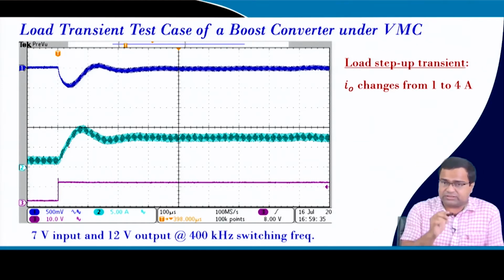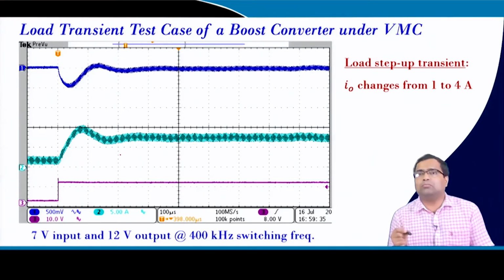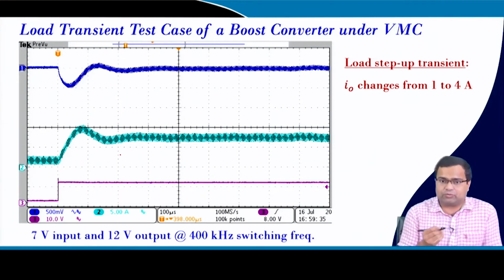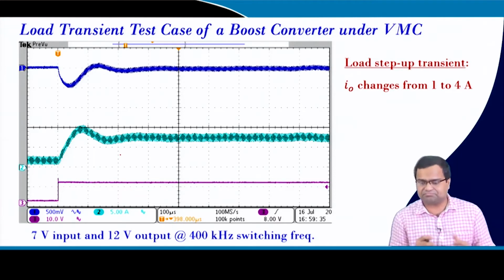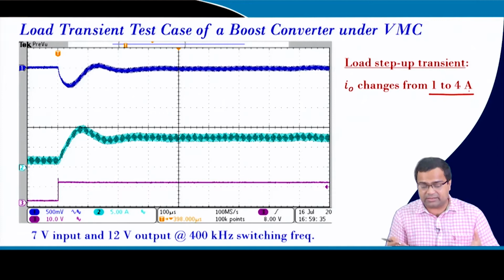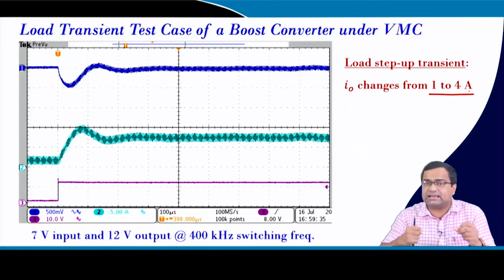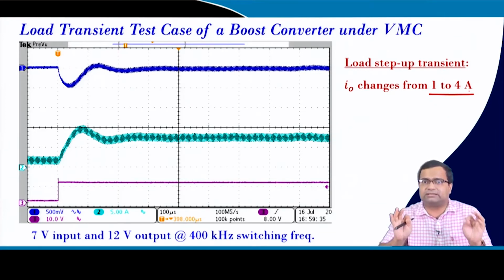Our switching frequency is 500 kilohertz, but it is taking almost 0.2 millisecond, basically 200 microseconds, which means almost 100 cycles, when there is a load change from 1 ampere to 4 ampere, going from light load to high load. But you will see very soon that a boost converter suffers from non-minimum phase behavior. So, we cannot increase the bandwidth of a boost converter drastically like a buck converter, because there is a physical constraint, and for the time being we are not going to discuss it.